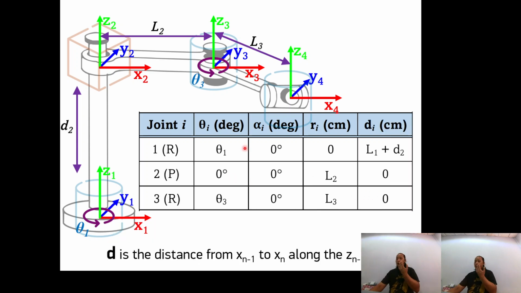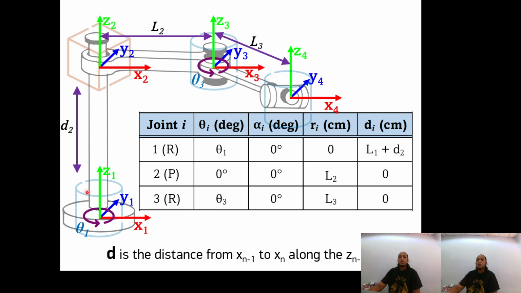And the last parameter is d. d is the distance from xn minus 1 to xn along the zn minus 1 direction.